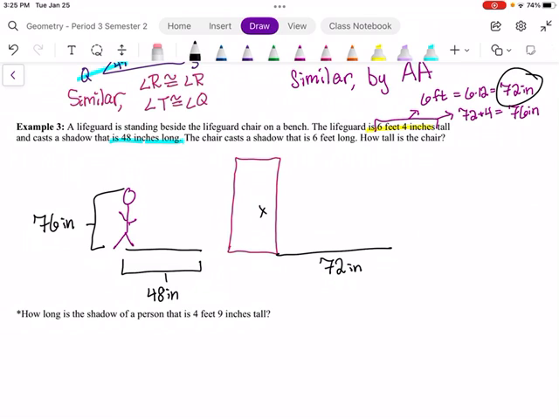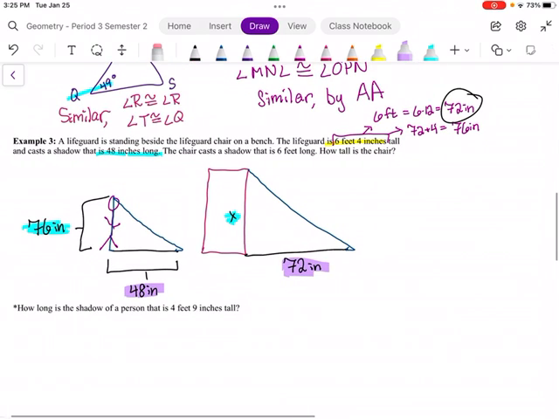Because the sun is going at the same angle, we are going to end up with similar triangles here. And the two triangles we're going to work with is one is going to be this person's body with their shadow, and then we're going to use the lifeguard chair with their shadow as well. And the sides that go together, the heights go together, and the shadow lengths go together when we write up our ratios.